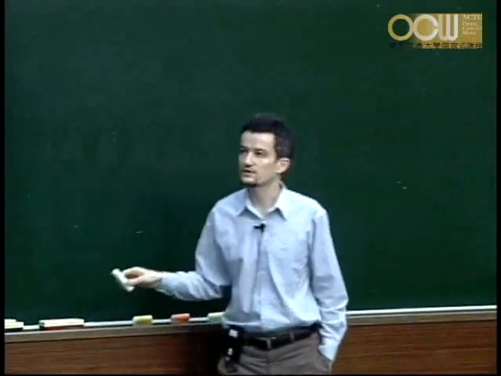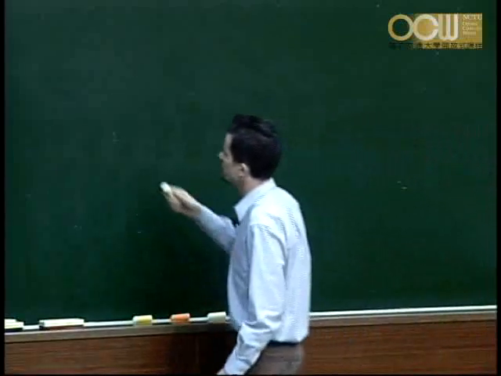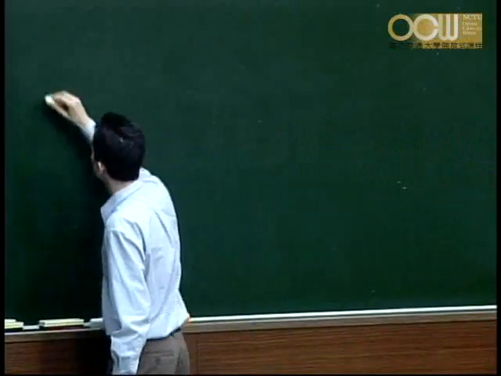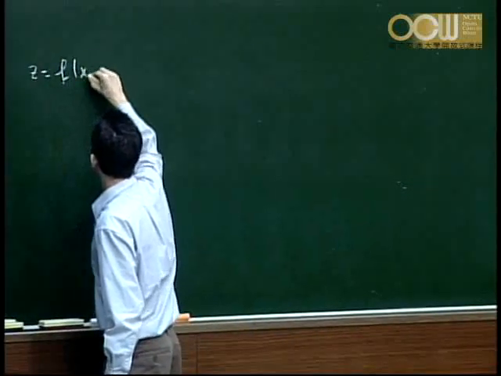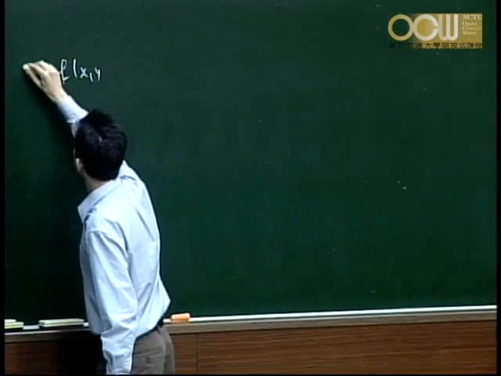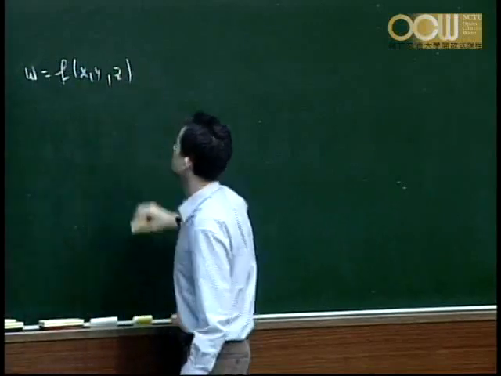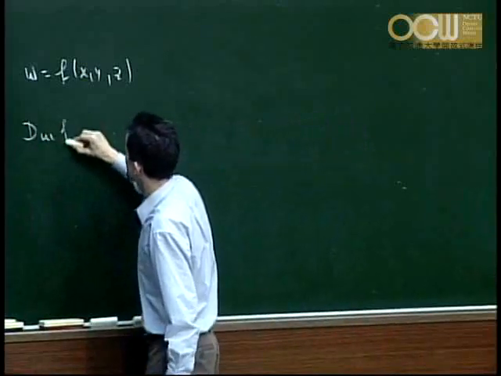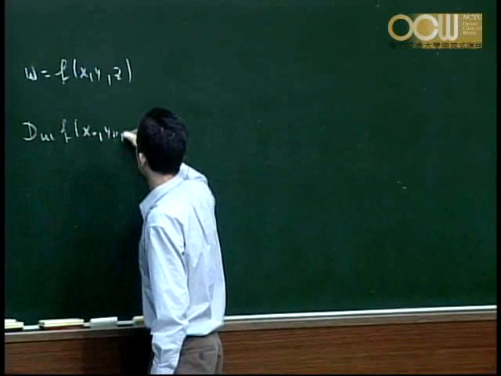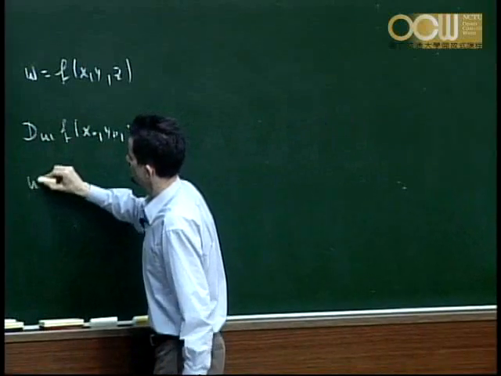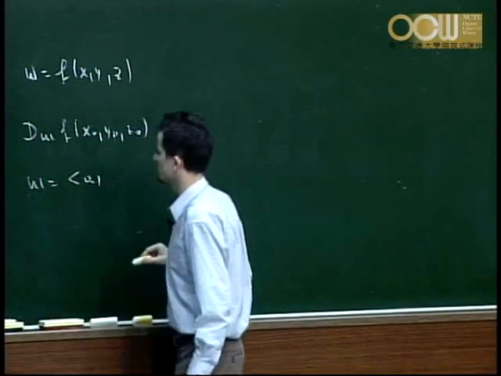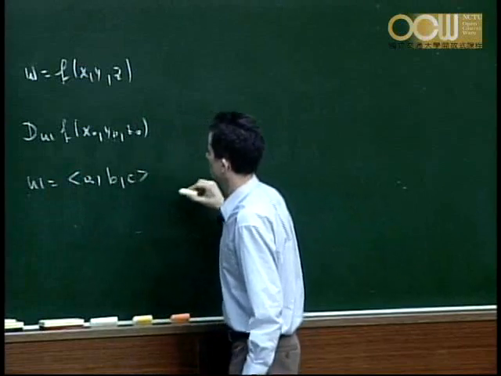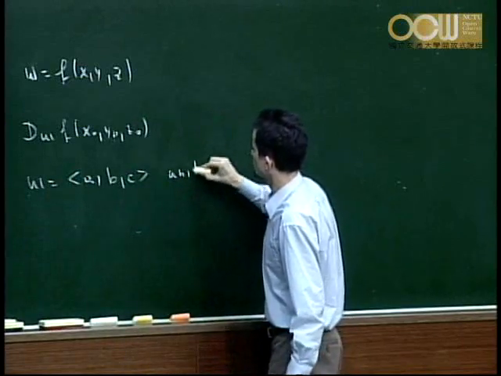Now in higher dimension you can do the same, but of course you do not have such a nice picture anymore. So for instance, for a function of 3 variables, again you can define directional derivatives of f at some point, where u is now a vector in space, and also must be a unit vector.